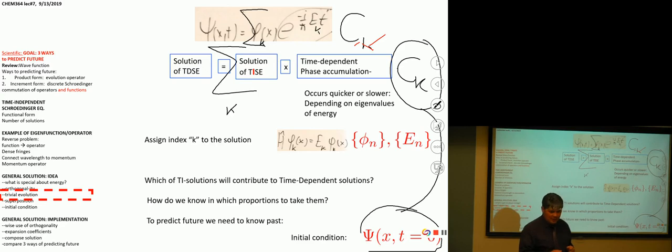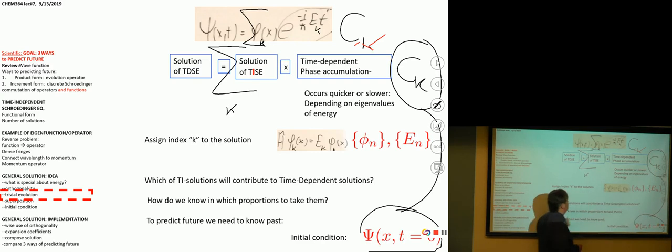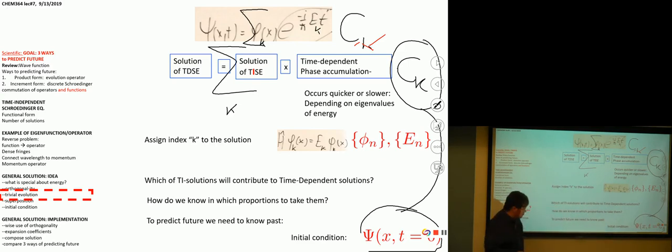But if you want to match a specific initial condition, we need to find the value of this C sub k. So, a summation of a large number of terms, each of which is a product of 3 factors.